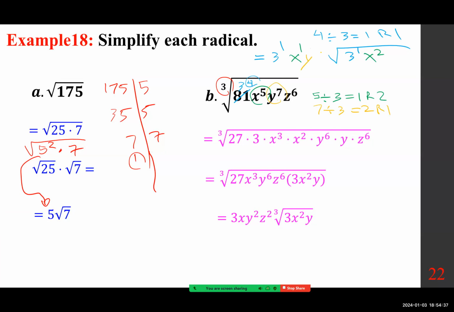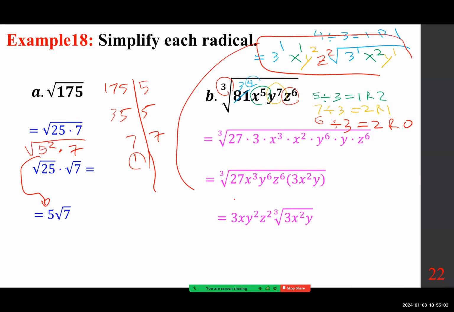So y to the power of 2, and the inside goes y to the power of the remainder. This one, 6 divided by 3 is 2 with the remainder 0. So there is nothing that goes underneath, but rather it's z squared. And then I put 3 to the power of 1, so it becomes clear it's 3xy squared. This is the better way and a faster way, I believe.